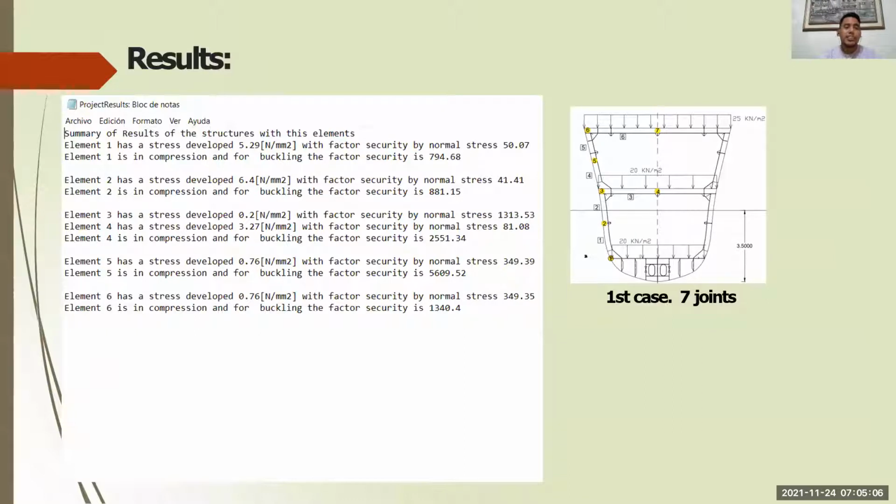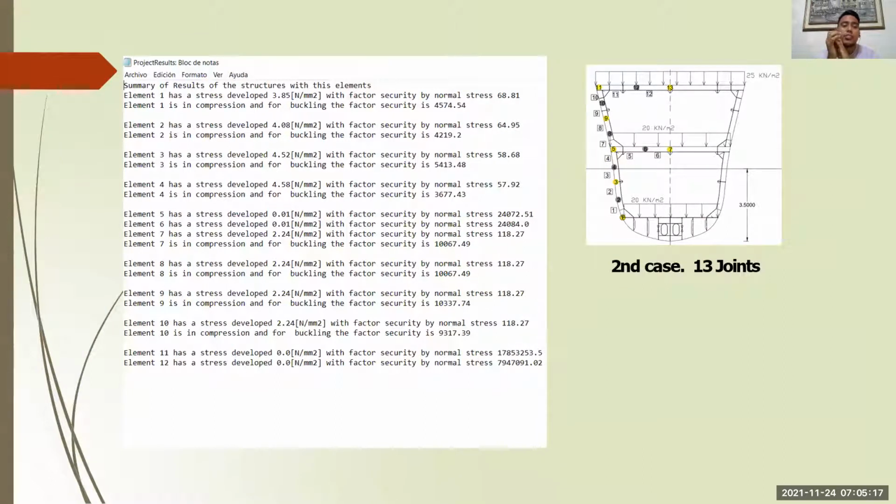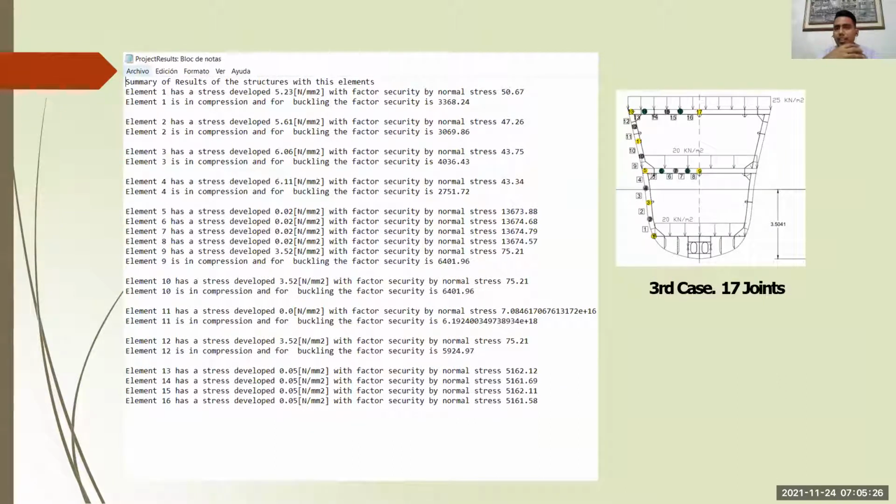I will present the results that we determined in the different cases. This is the first case, where you can observe the stress result for each element with the safety factor. The third case has the more accurate result because I worked with more joints, and you can see a good safety factor and the stress for each element.